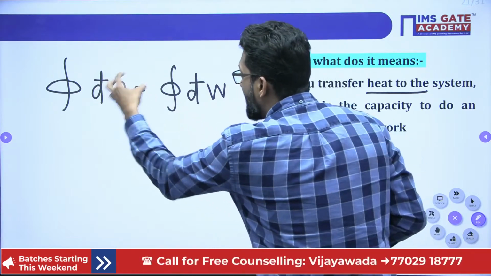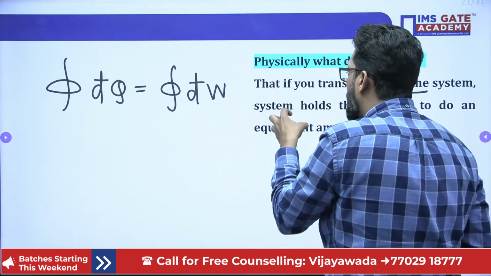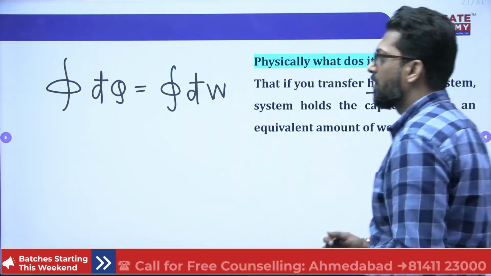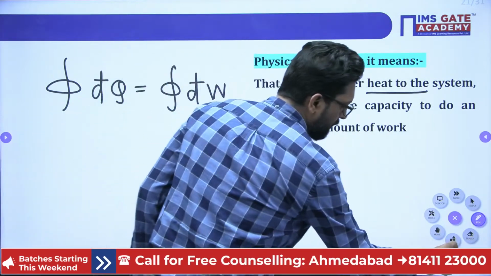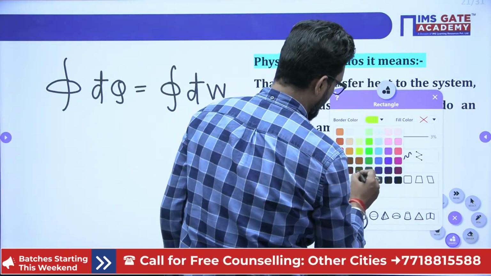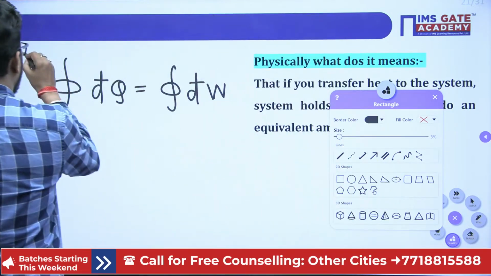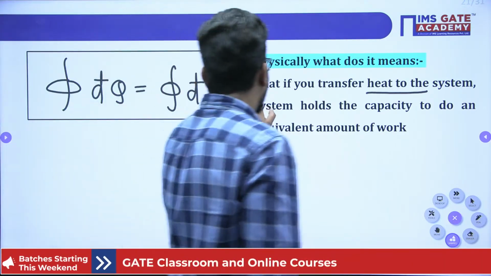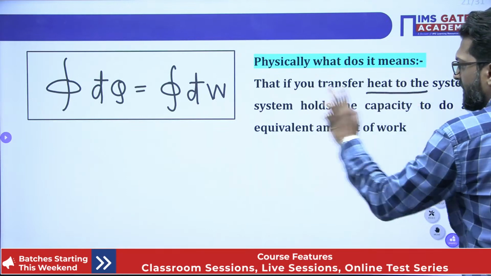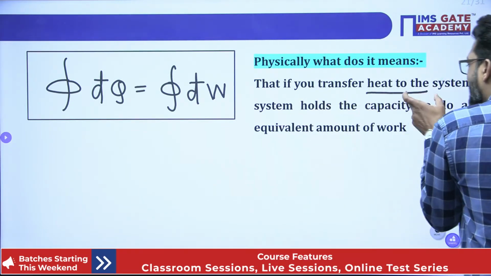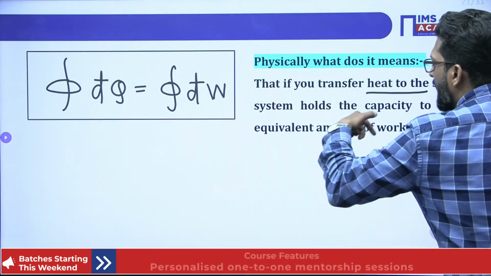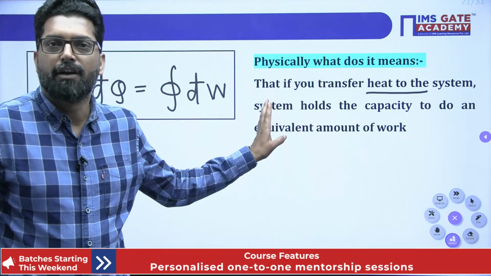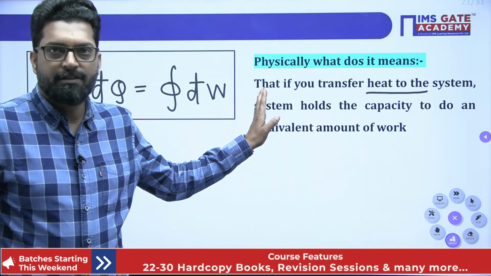So if we transfer heat to the system, the system has a capacity to do an equivalent amount of work. Very important. This is the physical meaning of this equation.